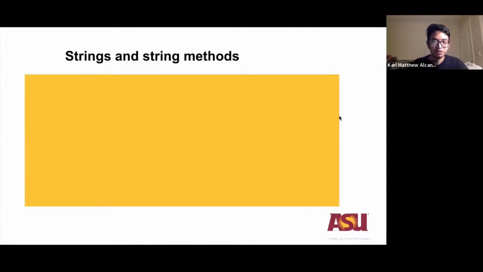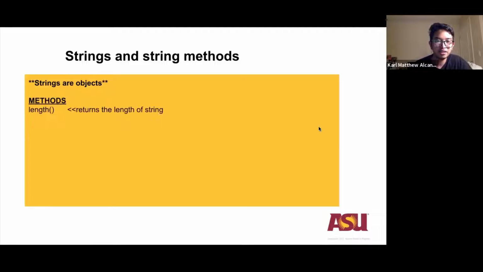And next we move on to some of the string methods that you can use in order to manipulate data. Some methods include length, which returns the length of a string, and charAt(int x), which returns the character at the index of x.